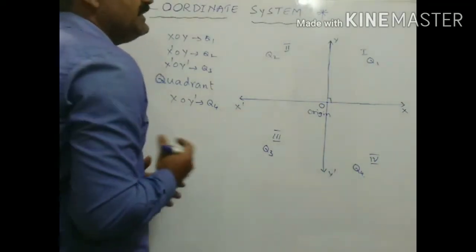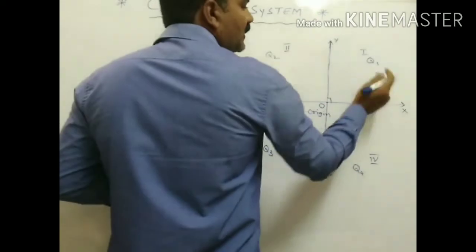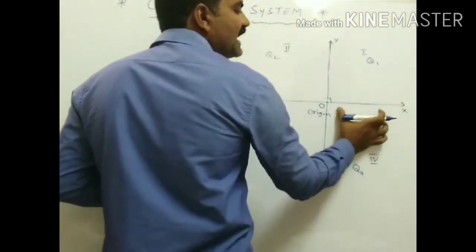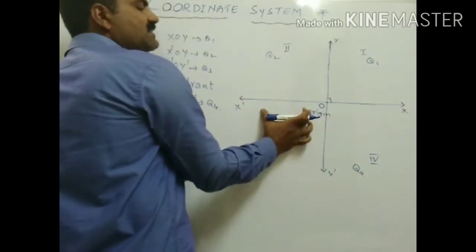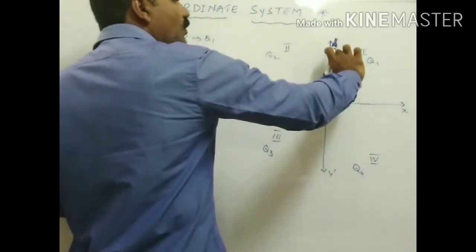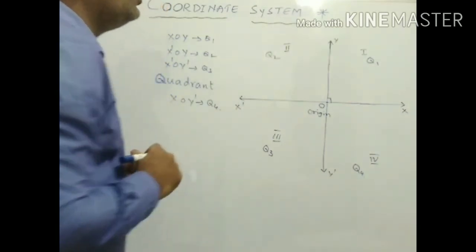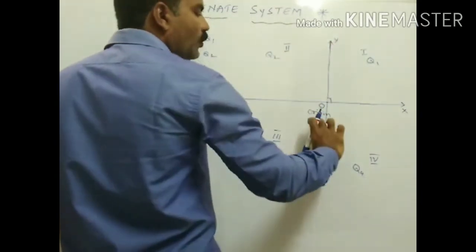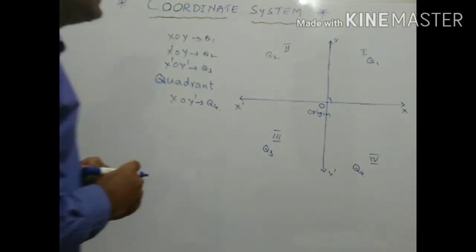Now let us see some interesting facts about these quadrants. Look at me, this OX is considered as the positive x-axis and OX dash is considered as the negative x-axis. Similarly, the OY ray is considered as the positive y-axis and OY dash is called the negative y-axis.